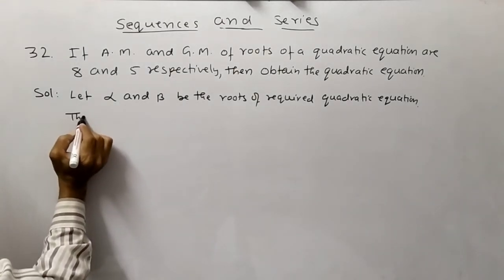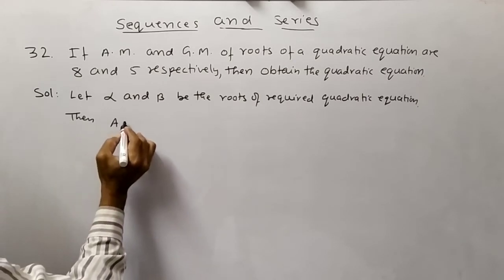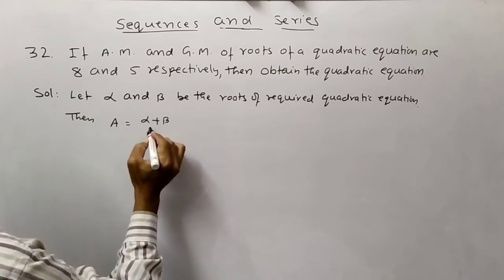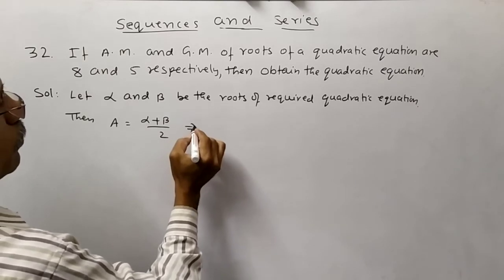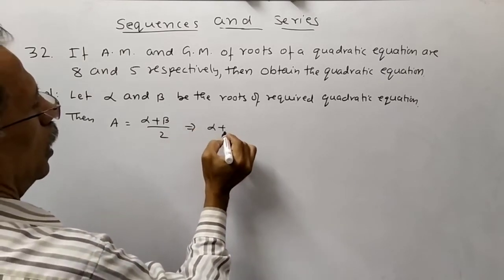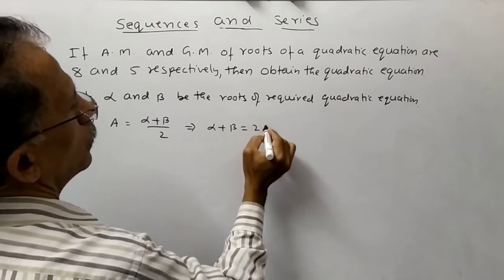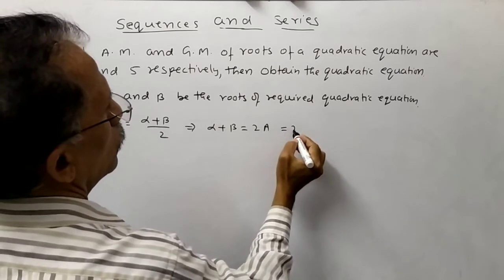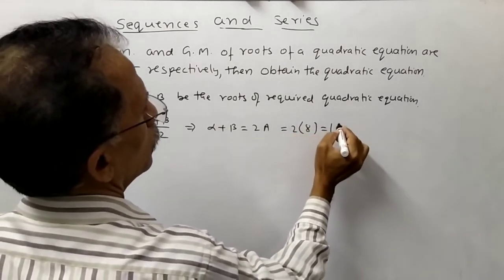Then A is equal to alpha plus beta divided by 2. This implies alpha plus beta is equal to 2A is equal to 2 into 8 is equal to 16.